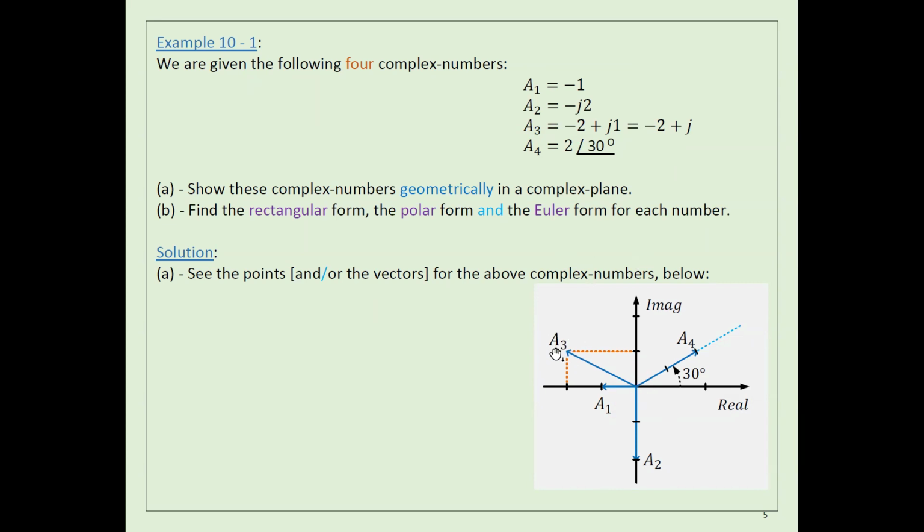The real part is negative 2, the imaginary part is 1. The last one is 2 with angle 30. The length of this line is 2, with angle 30. This is how you draw it if you need to.